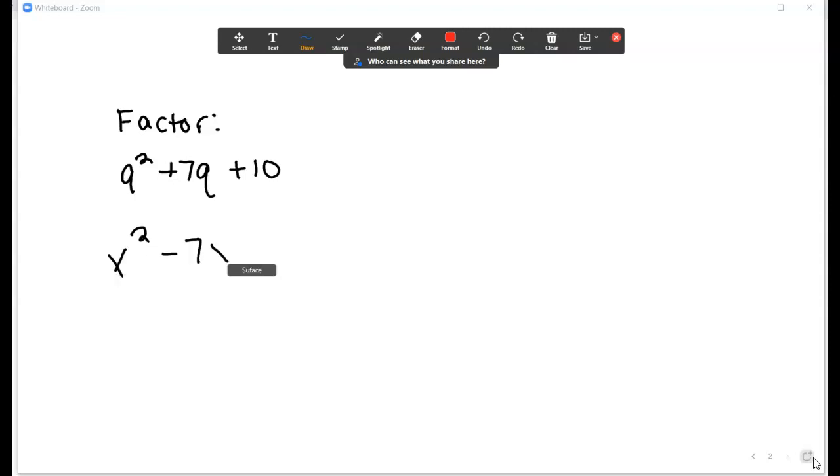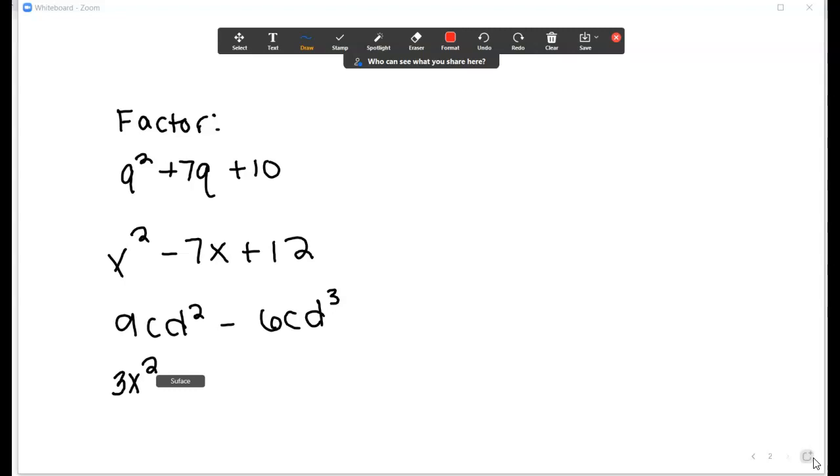X squared minus 7x plus 12. 9cd squared minus 6cd cubed. And 3x squared plus 12x minus 63. So go ahead, take a minute and factor those 4 problems. And I'm going to come around and check on your work.